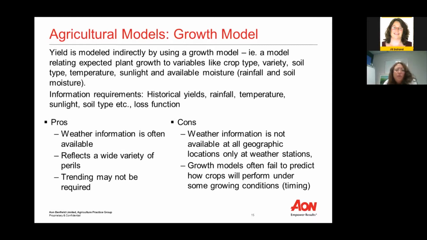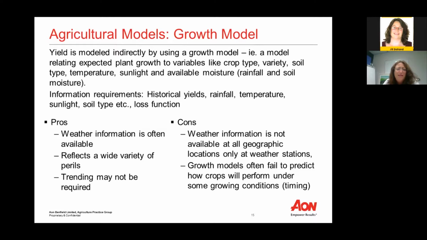Now, the crop growth model, and this is used in a lot of countries, basically says for every crop that we have, we know how much soil, how much temperature, how much sunlight, and how much rainfall it needs, and if it gets all of these optimal conditions, then we can say, well, we expect this yield from it.